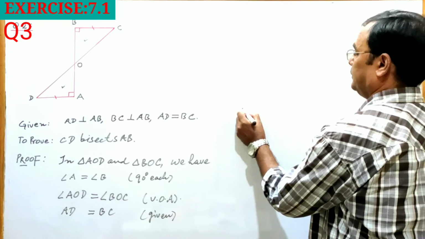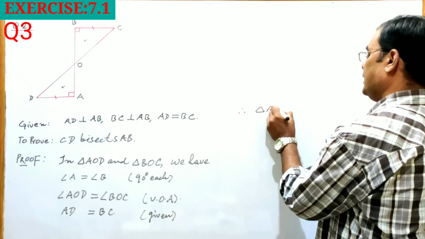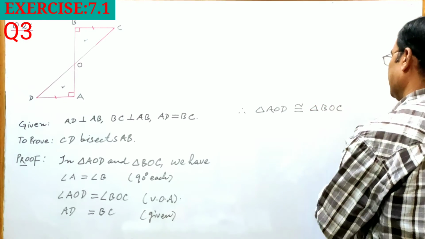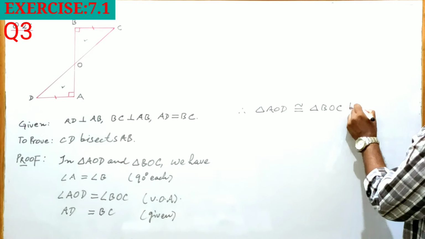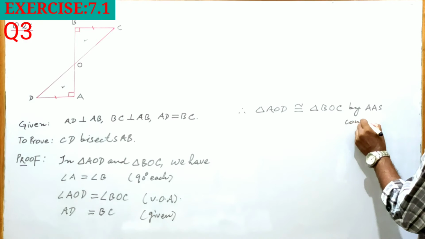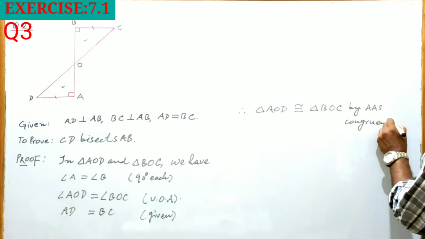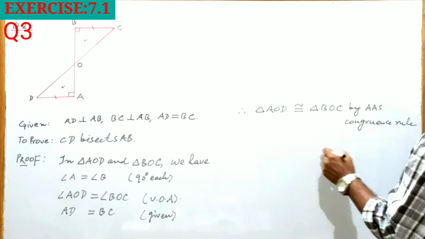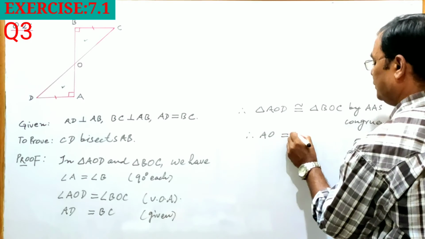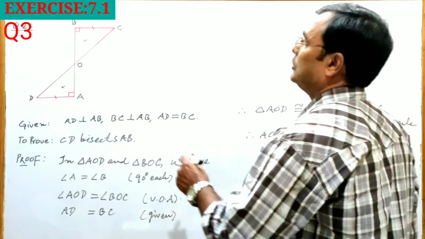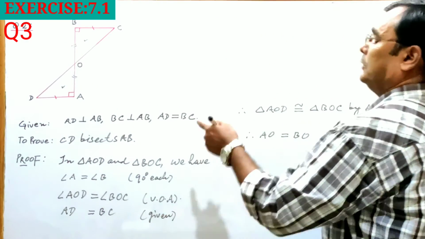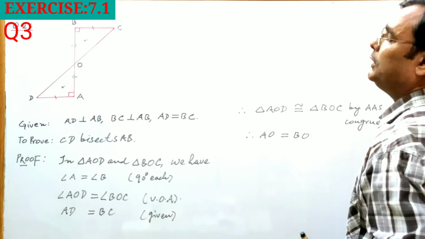Therefore, triangle AOD is congruent to triangle BOC by angle side congruence rule. And therefore, AO is equal to BO. Why is AO equal to BO?